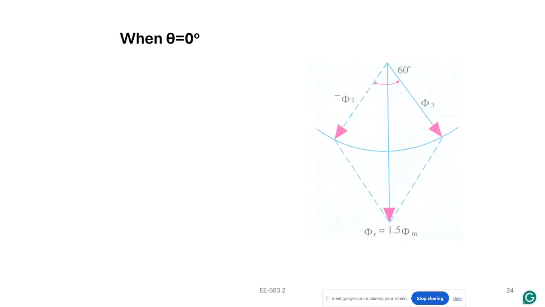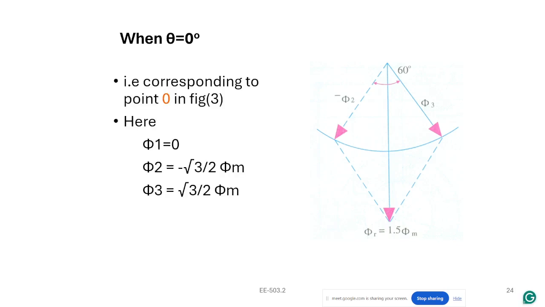That is phi maximum, with the mechanical placing. This is the one corresponding to that point 0. One thing we can remember: in each case the resultant magnetic field will be 1.5 phi maximum.